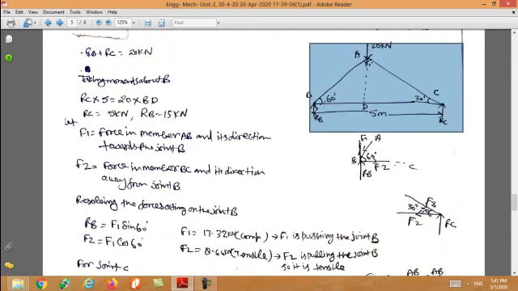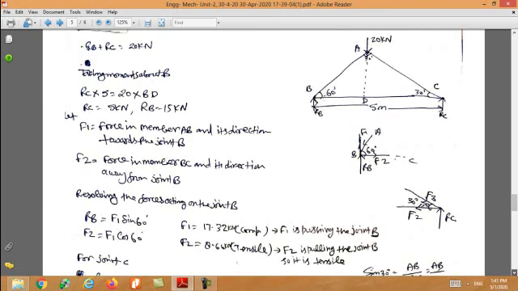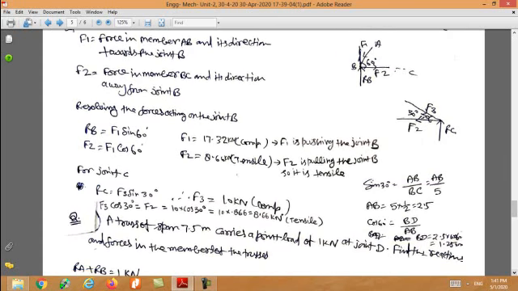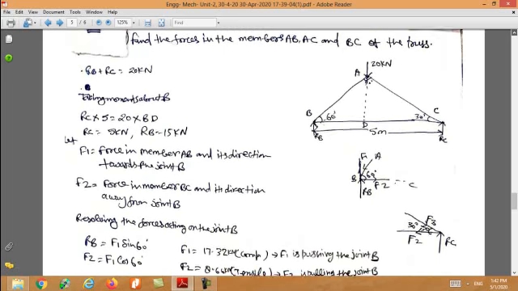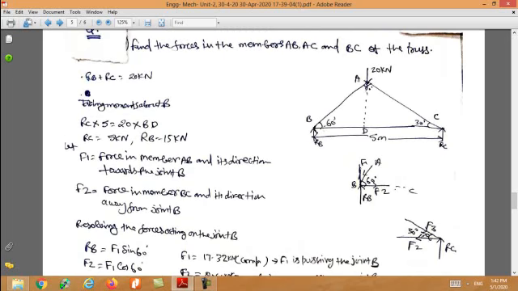ABC, BAC is the right angle triangle. So you can calculate the distance AB, and after calculating AB, you can find the distance BD. So BD distance is equal to 1.25 meters. So RC into 5 and 20 into BD. Calculating, RC is 5 kilonewton and RB is equal to 15 kilonewton.